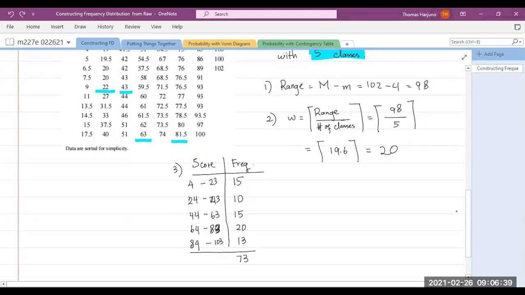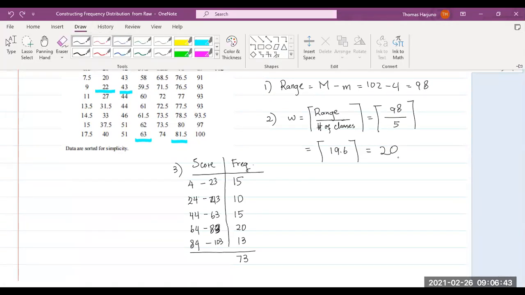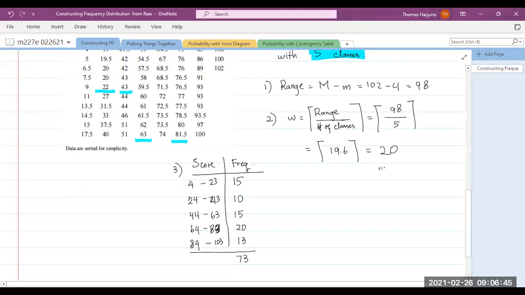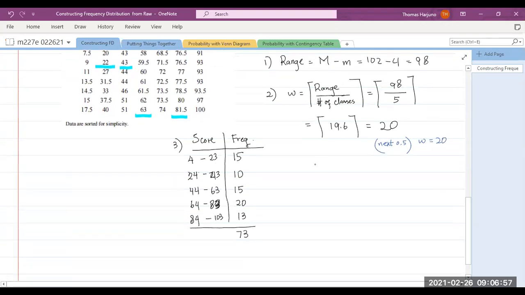Now, that's how we do it. What if we round it to the next 0.5 instead? In this case, I will still get a class width of 20. But you will see this is what happened.